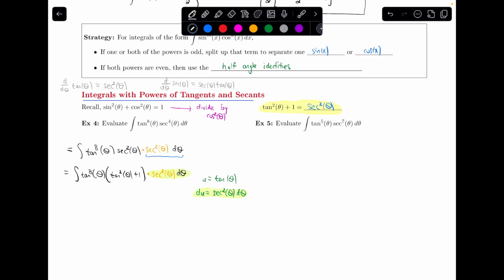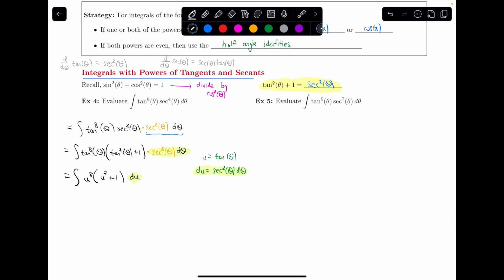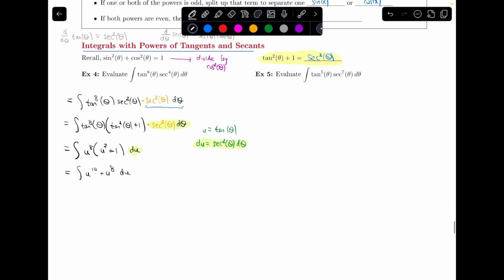So when I sub in, this first part becomes u to the 8, parentheses u squared plus 1. And then the highlighted stuff just became du. Okay, so I've converted it to u's. Now I can distribute u to the 8 to get u to the 10th plus u to the 8. And now this is something that I know how to do the antiderivative of. I just do my reverse power rule.